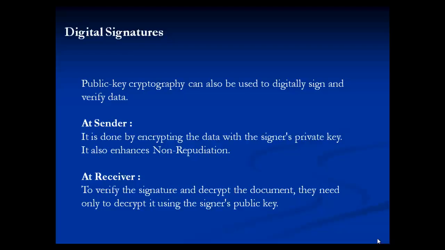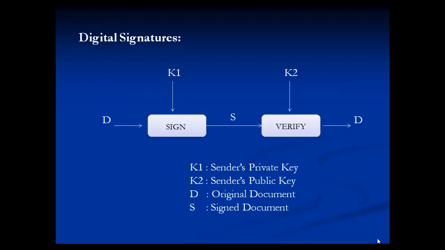It is done by encrypting the data with the signer's private key, and at the receiver side, to verify the signature and decrypt the document, they need only decrypt it using the signer's public key. It also gives a data property called non-repudiation. It means the data cannot be forged by someone. And this is how digital signature works.